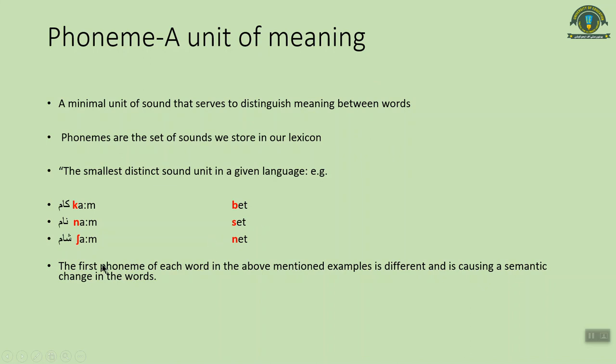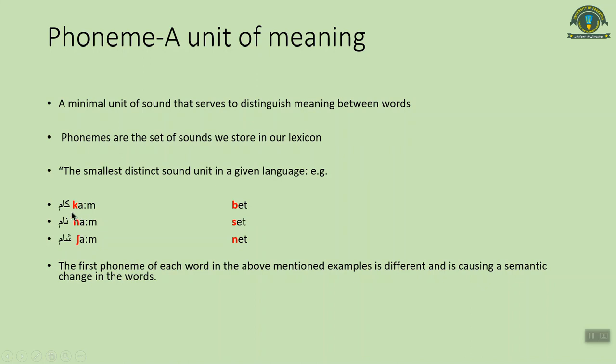Here I have given the examples of phoneme both in Urdu and in English, that how changing one phoneme only is changing the meaning of the word. This is why it is a unit of meaning. So see here, if we have changed the first sound here, it will be naam.